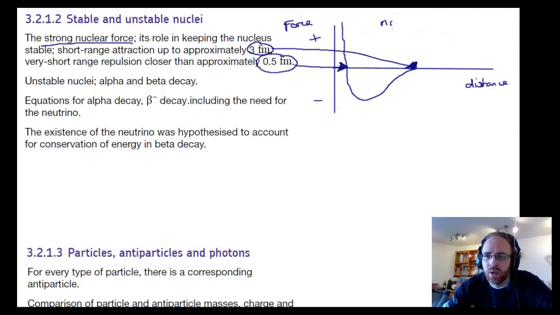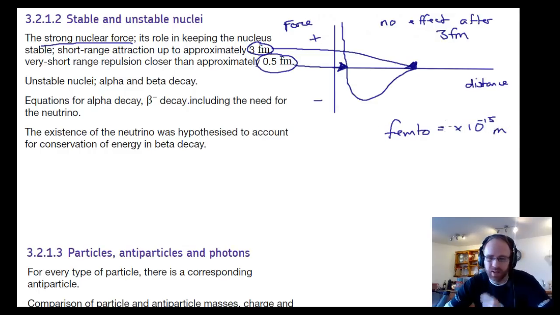So it's no effect from the strong force after 3 femtometers. So it drops away to 0. And femto is times 10 to the power minus 15, and then it's in meters. Actually, femto is not anything to do with meters, but we're working in femtometers.